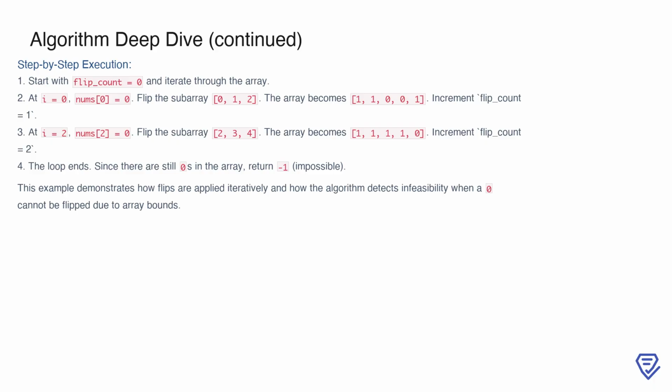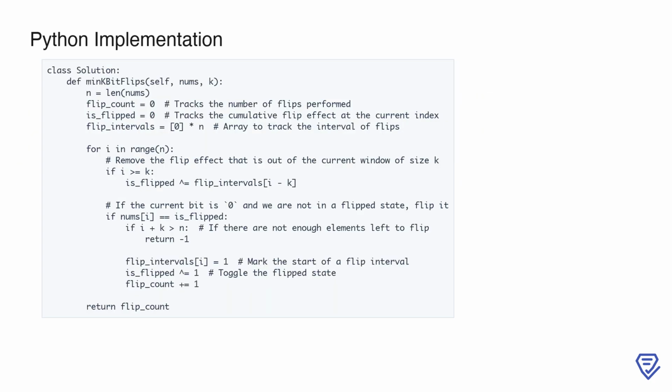This example demonstrates how the algorithm applies flips iteratively and detects when a solution is infeasible due to constraints like array bounds. This implementation solves the problem using a greedy approach with an optimized approach for tracking flip intervals. Here's the detailed explanation. 1.